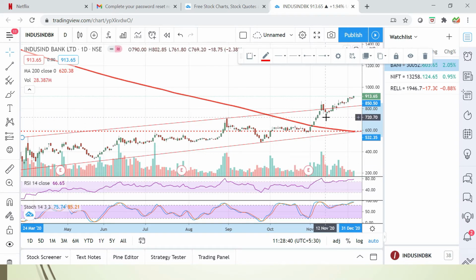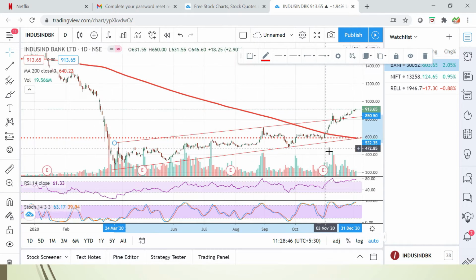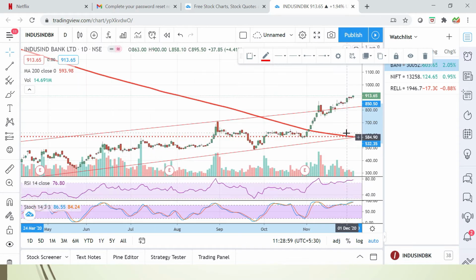Then it corrected a little bit and could not go down further. So this is a cross of a big consolidation zone with big volume, and after confirming support from that zone it is now going up consistently.